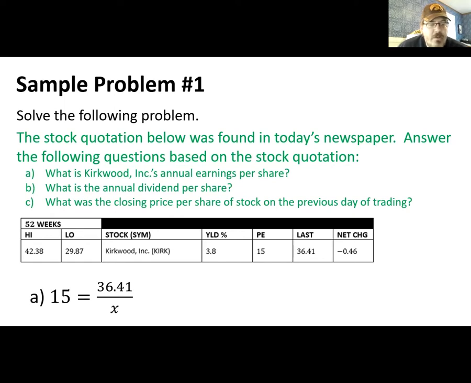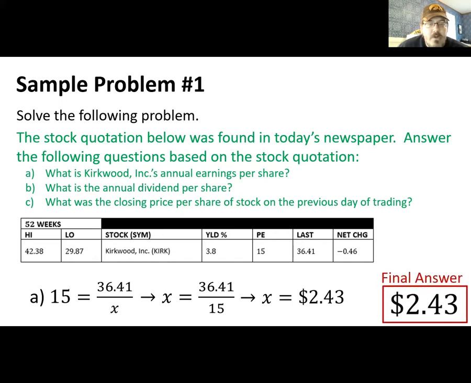The price earnings ratio is equal to the closing price divided by the annual earnings. So we do a little bit of algebra, moving things around, and ultimately what you end up doing is dividing the closing price by the PE ratio. And so we end up with a value of $2.43, and that is the annual earnings per share, $2.43 for this particular stock.